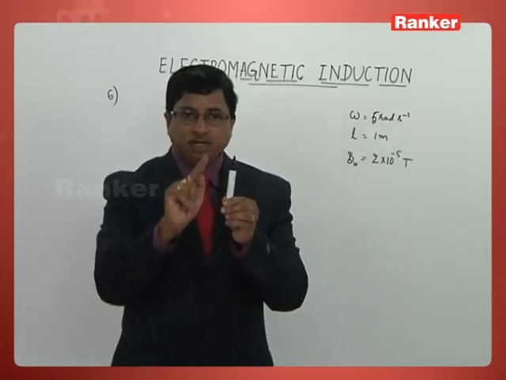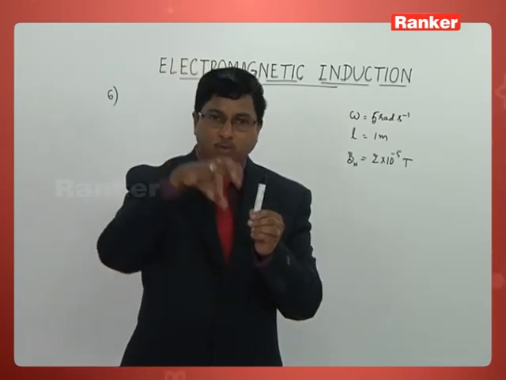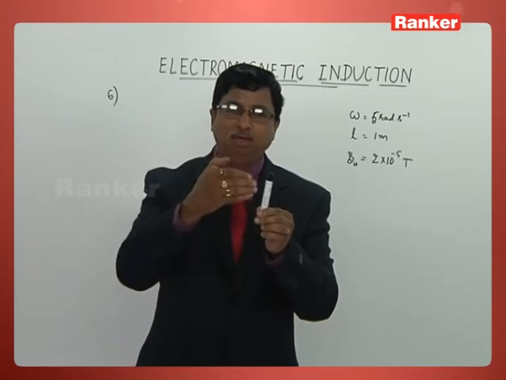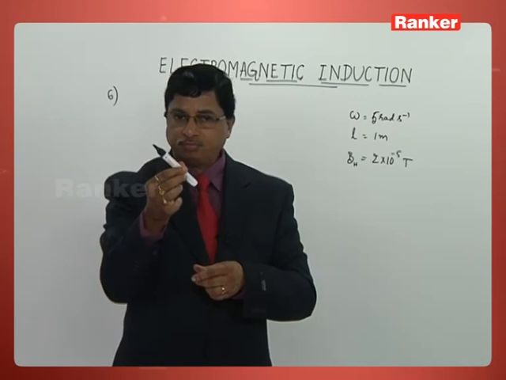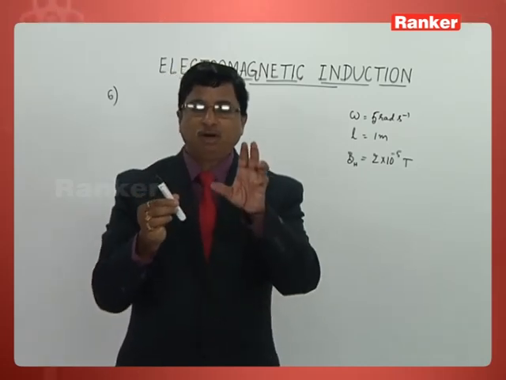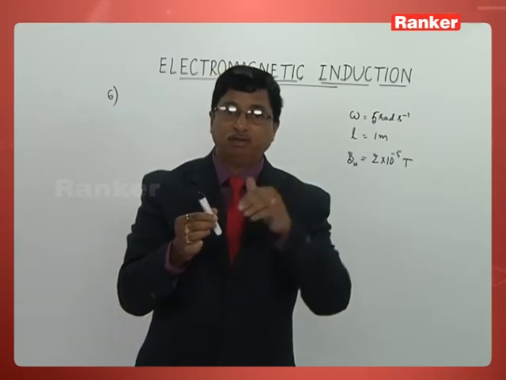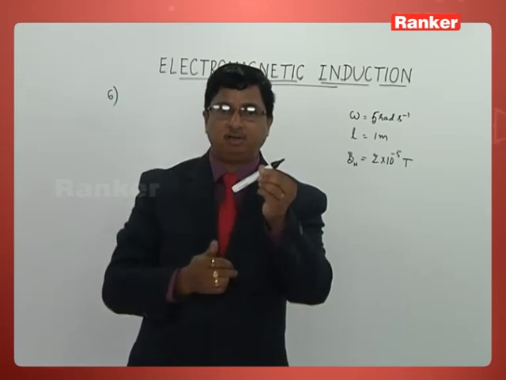That rate of change of magnetic flux will now produce or induce an EMF across the ends of this particular conductor. So that is what he is asking you to calculate. What is the induced EMF developed between the two ends of the conductor?